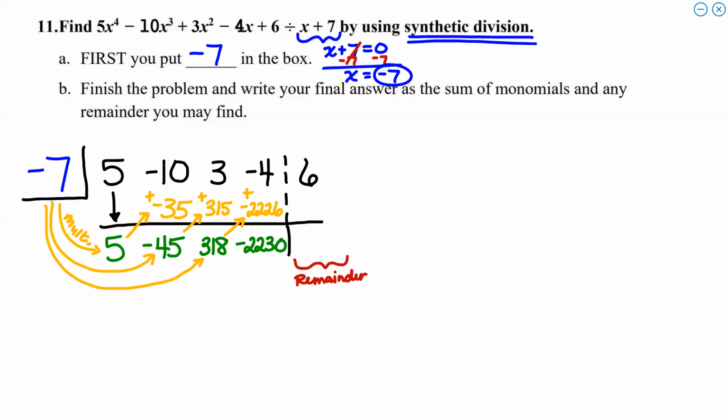Nope. One more. -7 times -2,230. I know it's going to be a positive, right? 15,610. I add it to the number up above. I get 15,616.